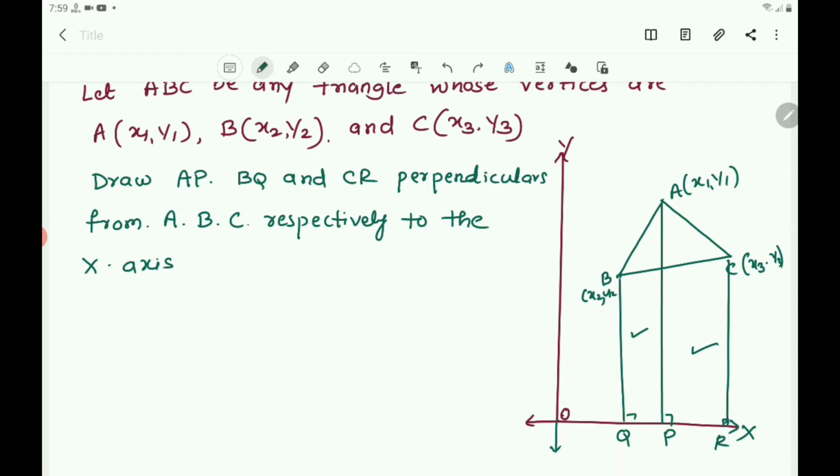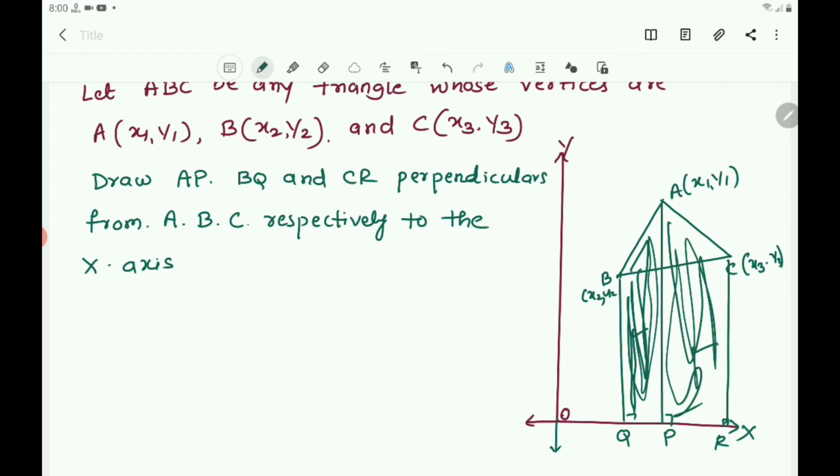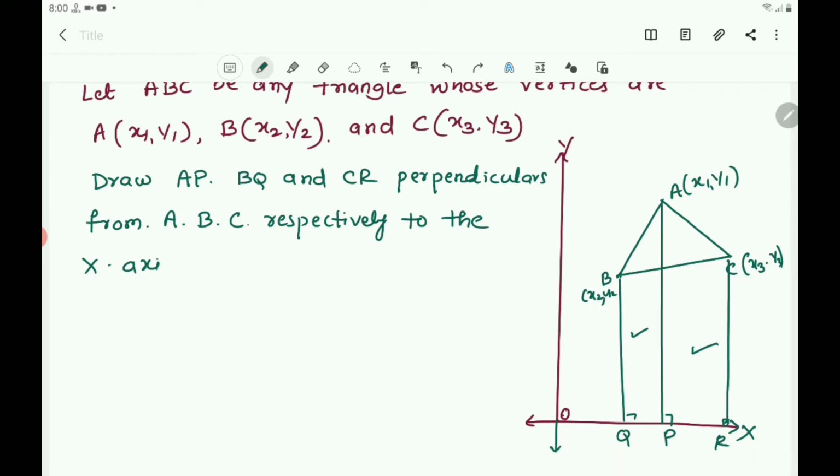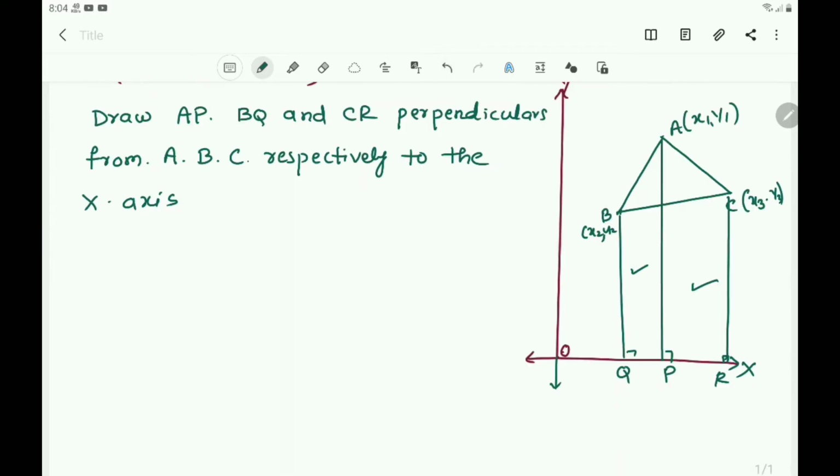That is, the area of this trapezium ABQP plus the area of the trapezium ACRP minus the area of this trapezium. So find the area of all these trapeziums in terms of the coordinates of the vertices of the triangle.